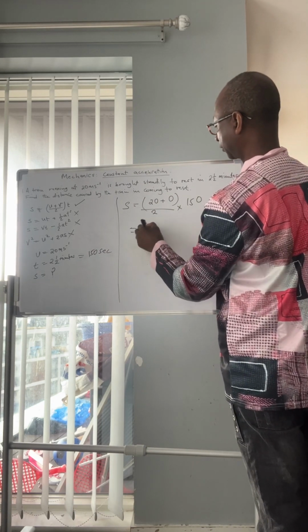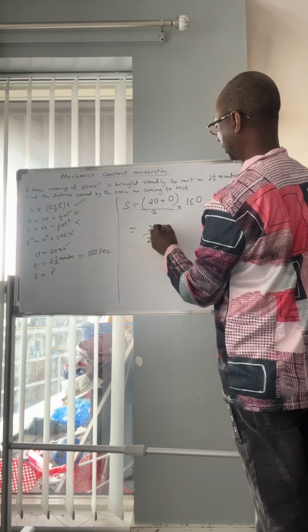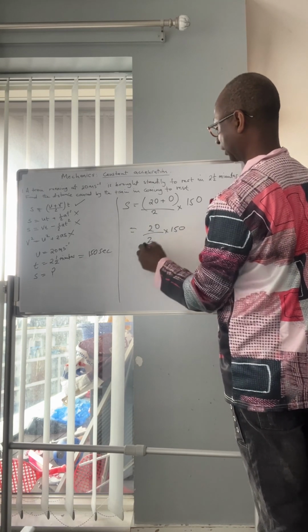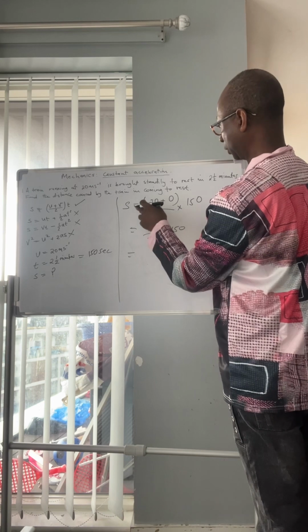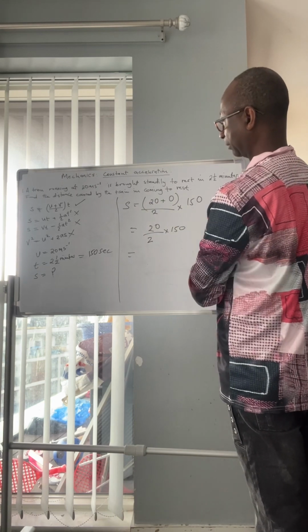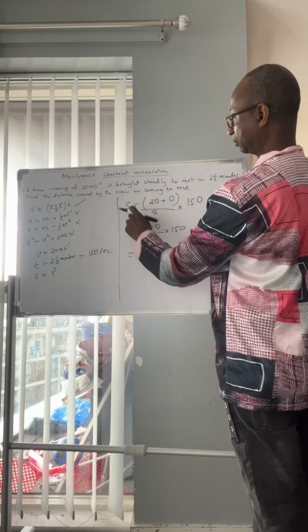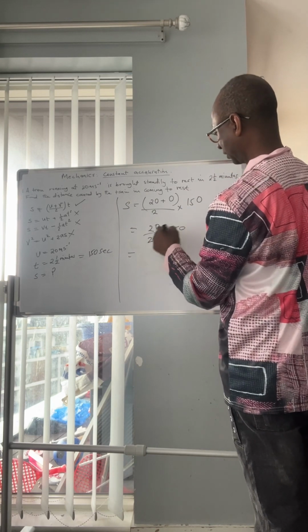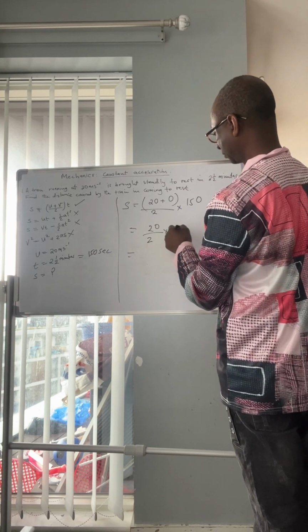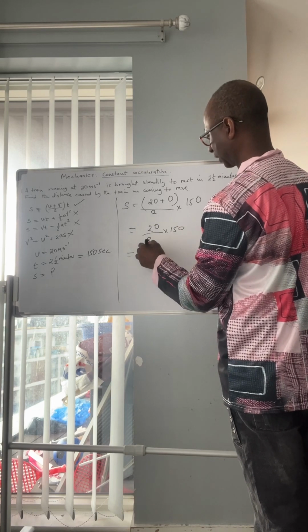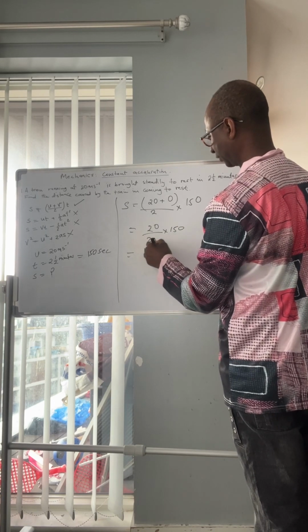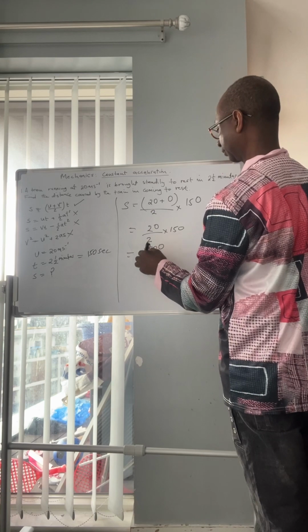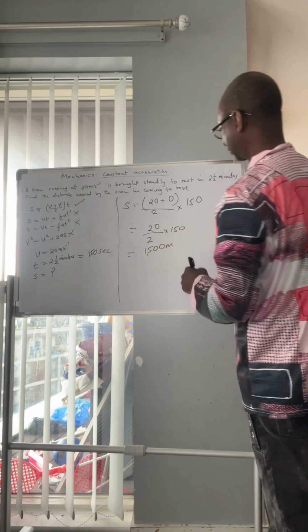So this means you have 20 all over 2 times 150. Don't forget your unit. You are looking for distance, so your unit will be meters. So now you have 10 times 150, so you get 1500.